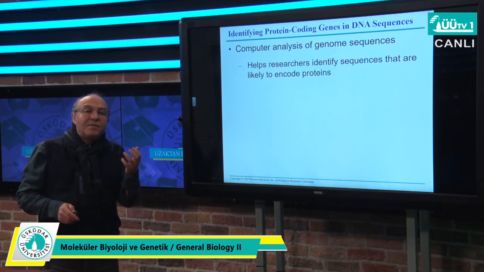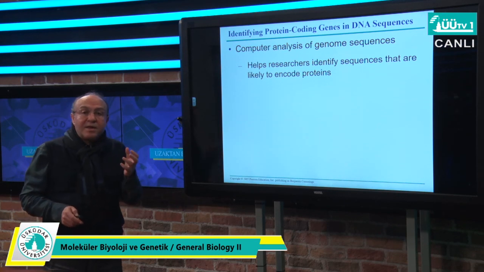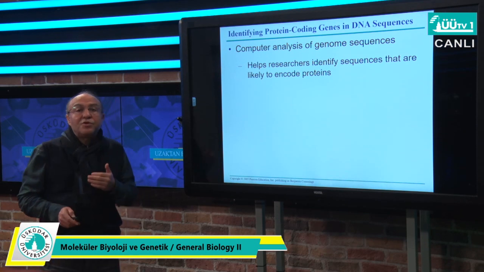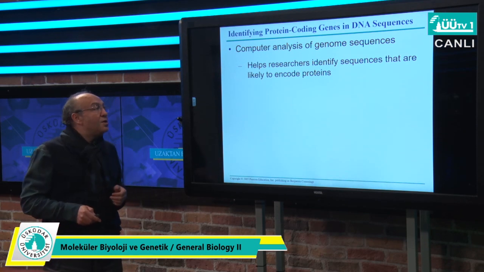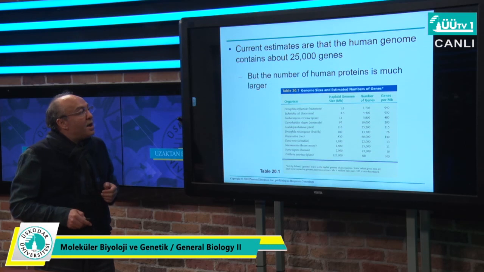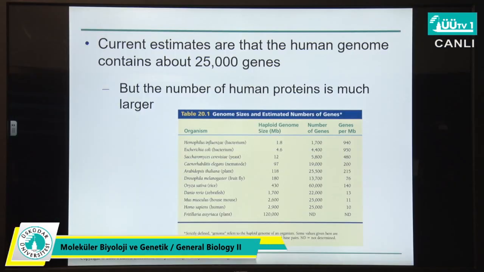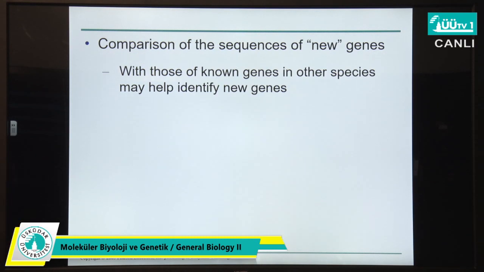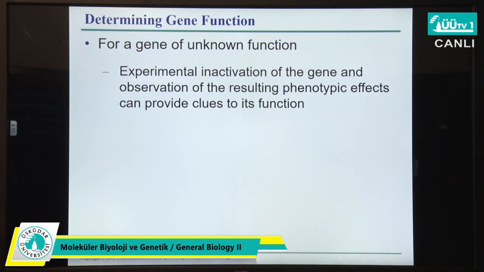Then you can prepare a synthetic gene if you wish to transfer it to other organisms. And we talked about the current estimate for the human genome. We have around 22,000 genes now. It is a little bit older version of the book.